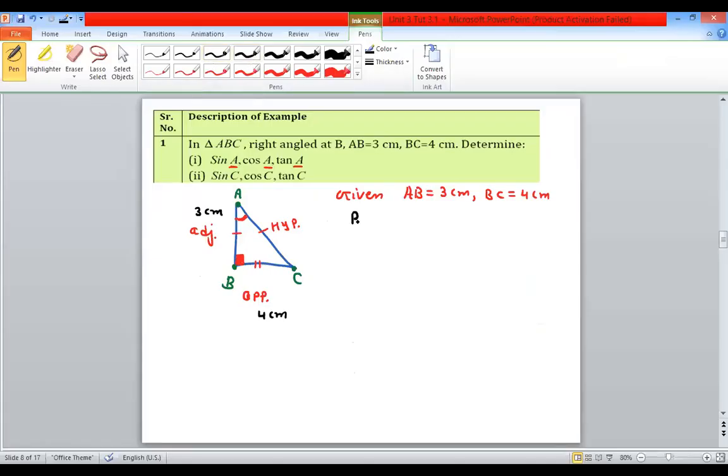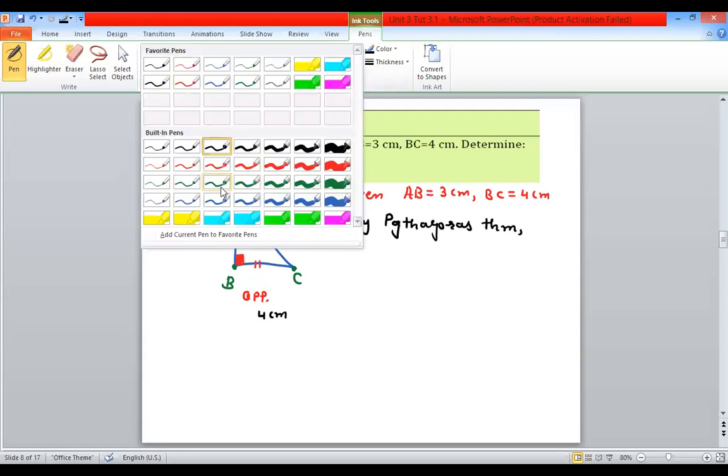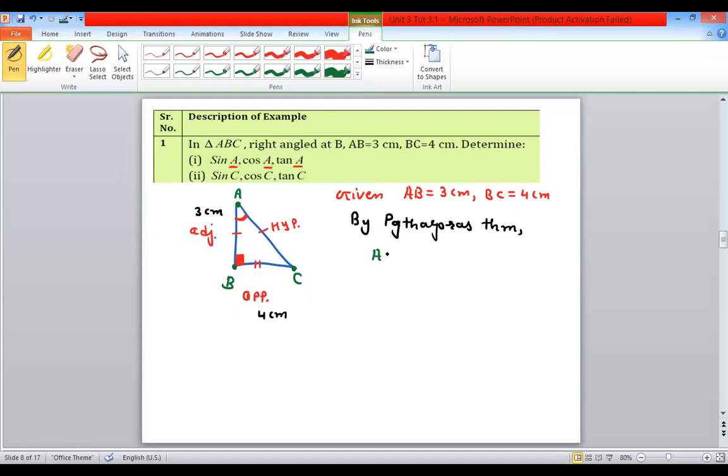So by the Pythagoras theorem, the hypotenuse square is equal to the sum of the squares of the two sides. So AC square is equal to AB square plus BC square.